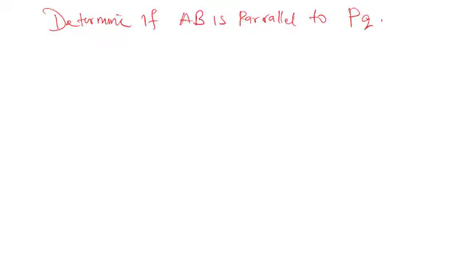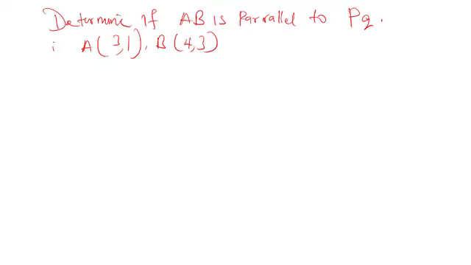What if you want to look for the angle between two lines? If the two lines are parallel, remember the angle is 0 because there's no angle between them. But let's say, determine if AB is parallel to PQ. Let's take A to be (3, 1) and B to be (4, 3).